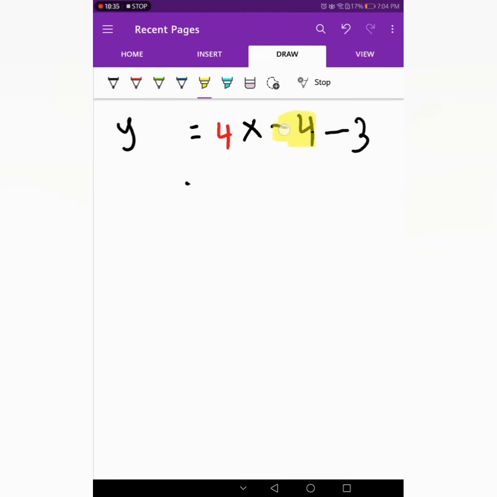This is negative 4 for the grocery, and this is negative 3 for the grocery. That means they want me to pay 4 real and negative 3 real, which means they want 7 real from me. So negative 7.